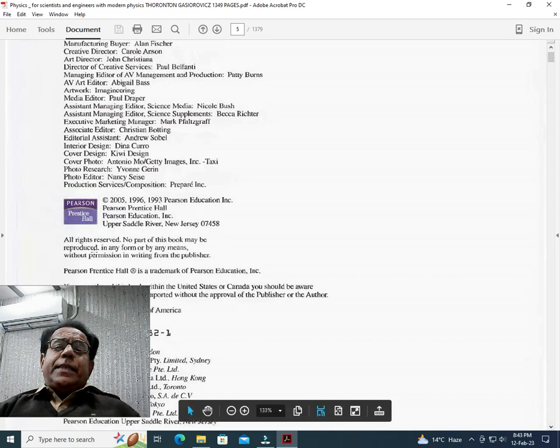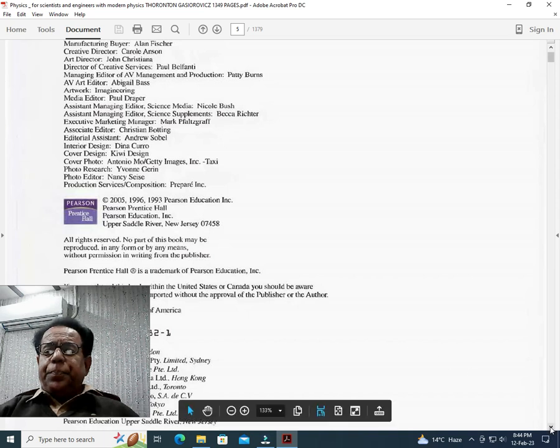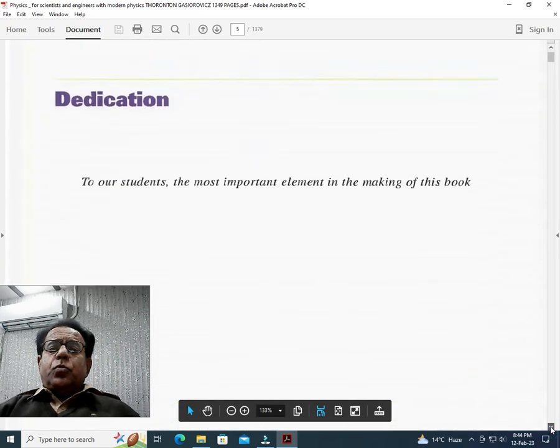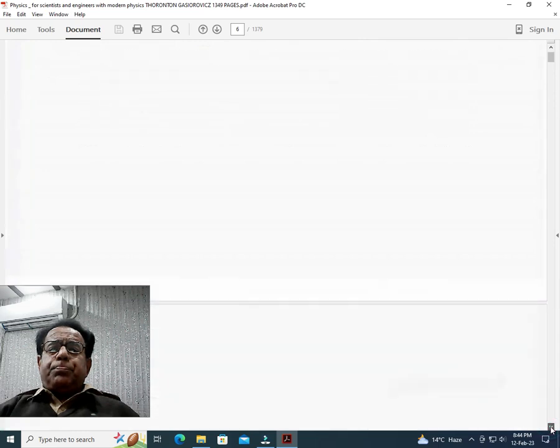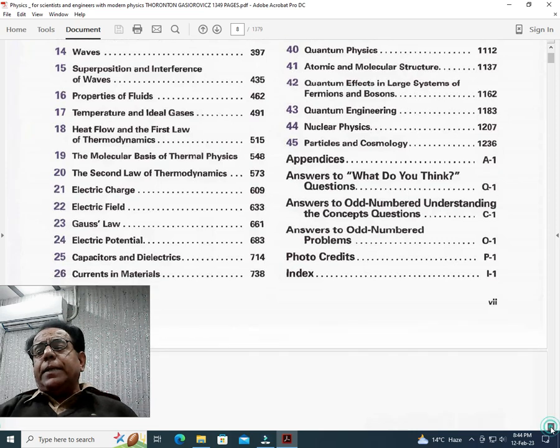It means, dear students, its third edition was published in the year 2005, second edition in 1996, and first edition in 1993. These are the contents. It contains 45 chapters. The last chapter is Particles and Cosmology, which begins from page number 1236, and after this chapter the appendices begin.